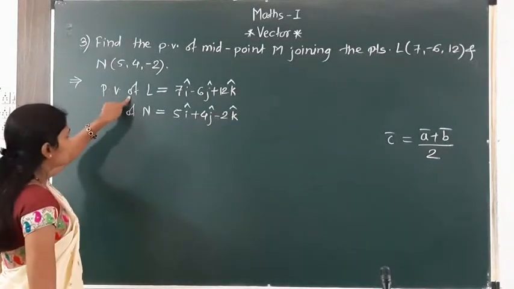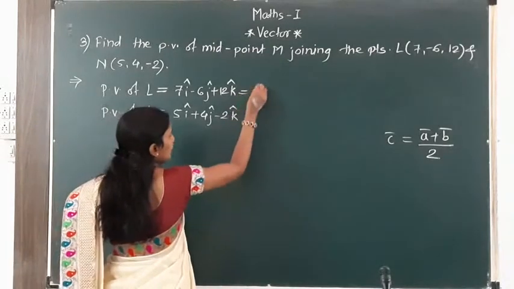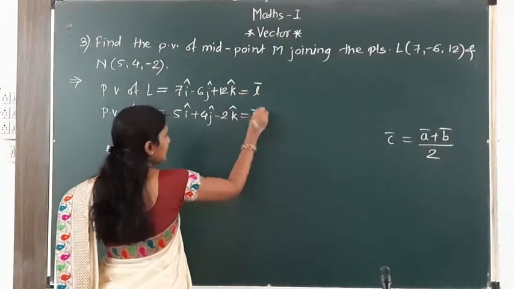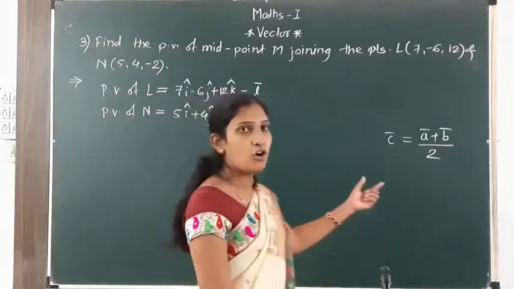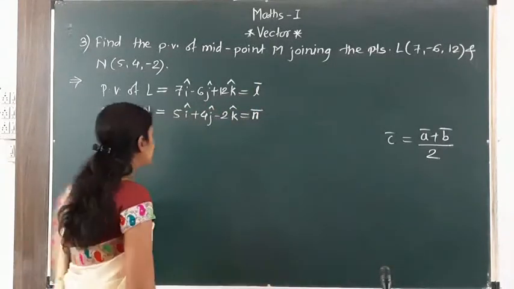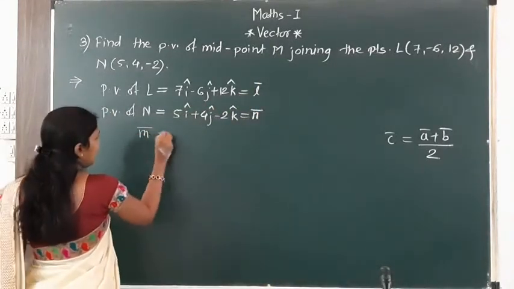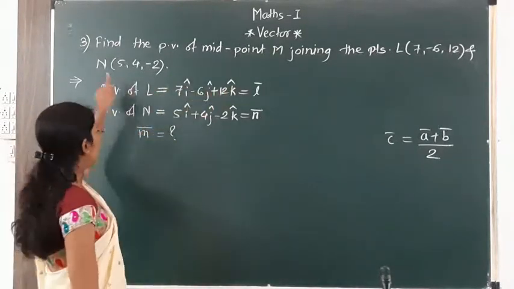These are L bar and N bar. Now we have to find the position vector of M, that is M bar, and M is the midpoint of the line LN.